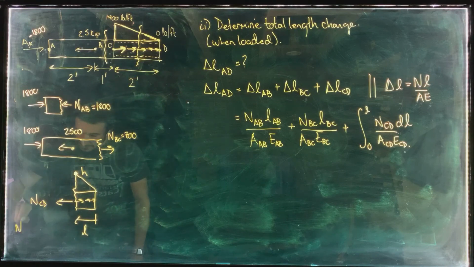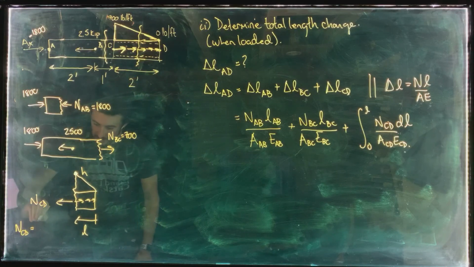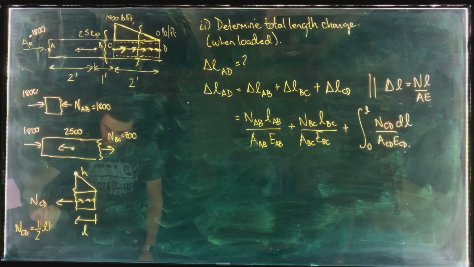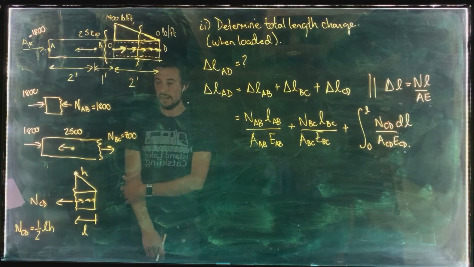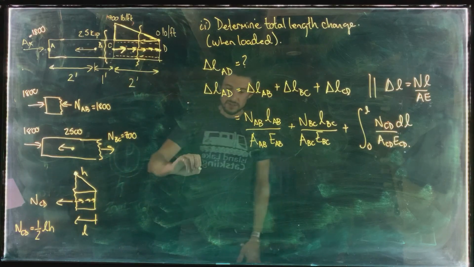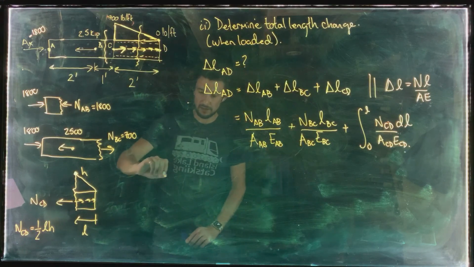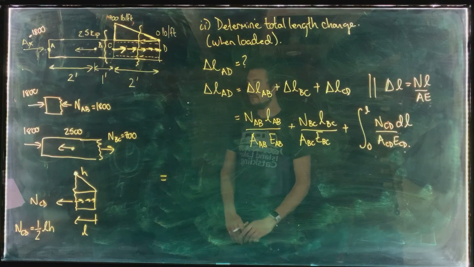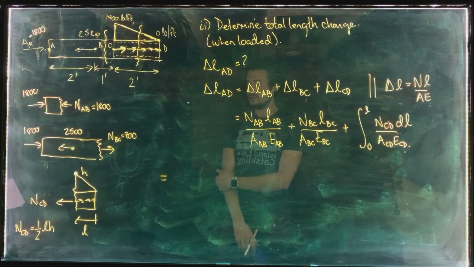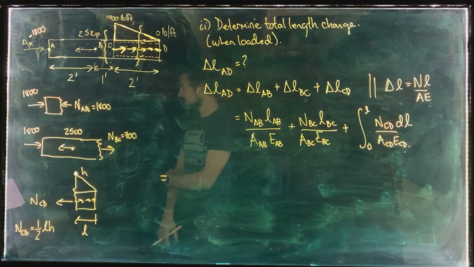And we said NCD was going to be equal to 1/2 base times height, LH, okay? So now we're in a position to fill everything in, and I'm just going to move that equal sign over to the left there to give myself some extra space.